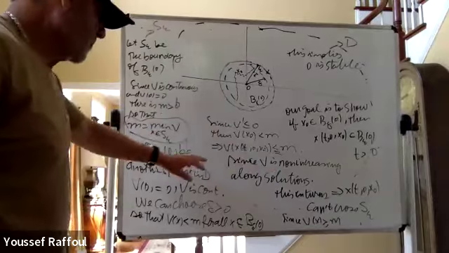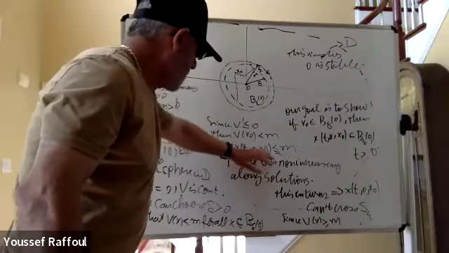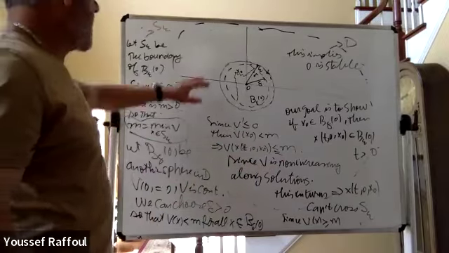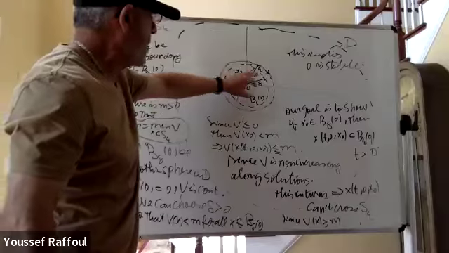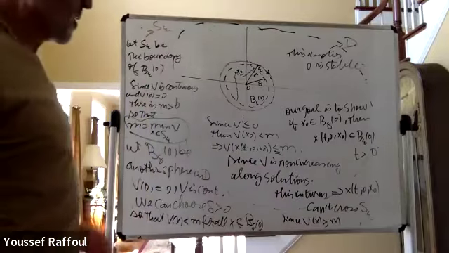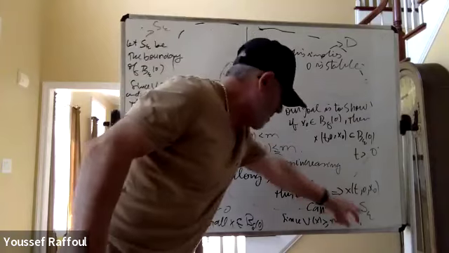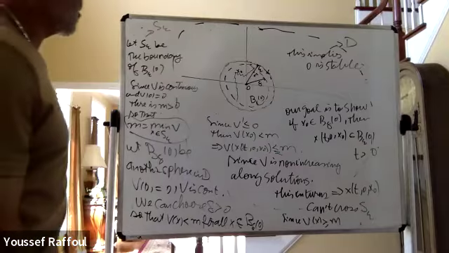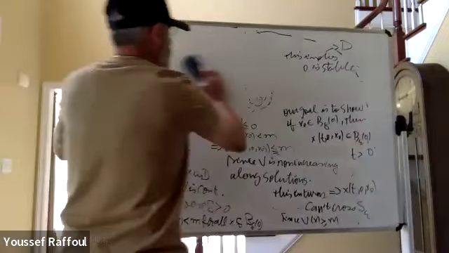So all it says is V of x is less than or equal to M. But any other solution, x not in this neighborhood, will have to cross, so that means V(x) is bigger or equal to M for any other solution. It cannot cross this S, since V is bigger or equal to M. So this is what it means: you have one solution inside and another solution outside.